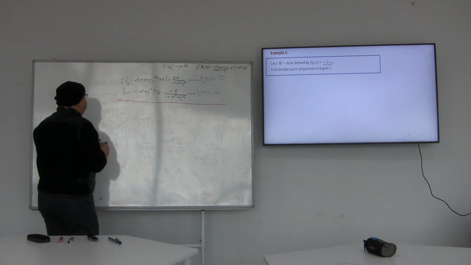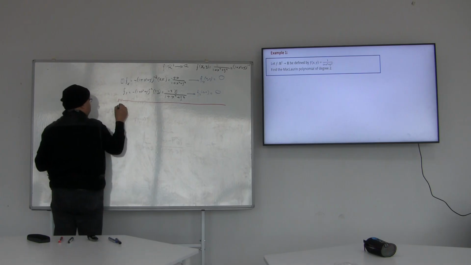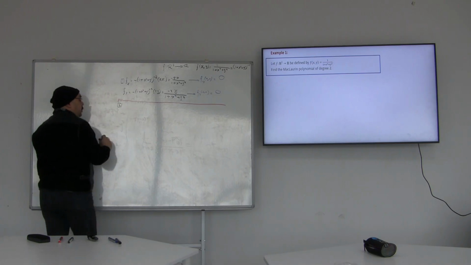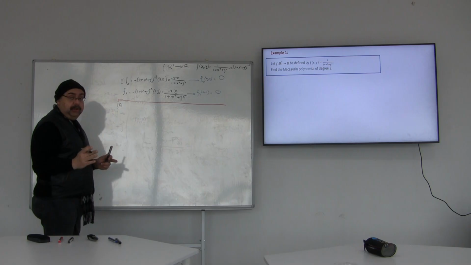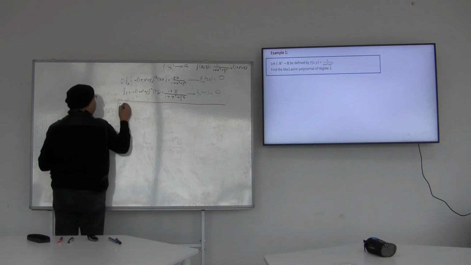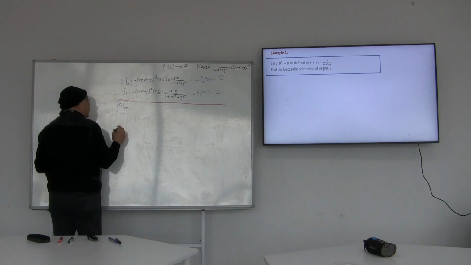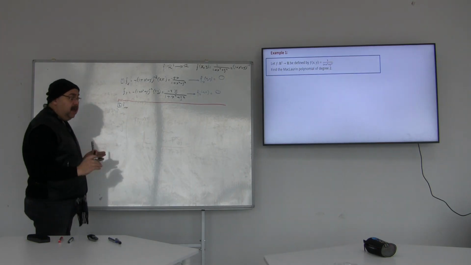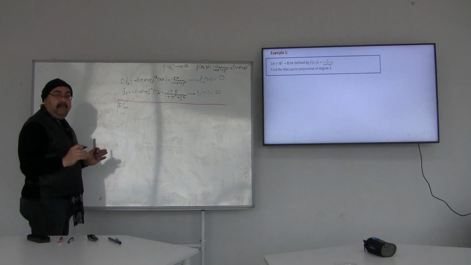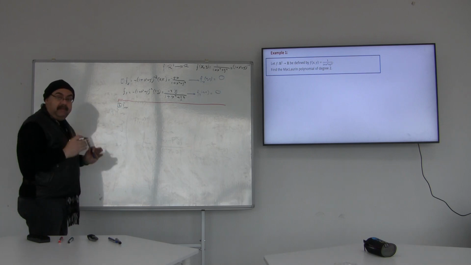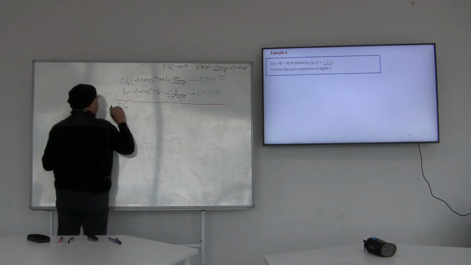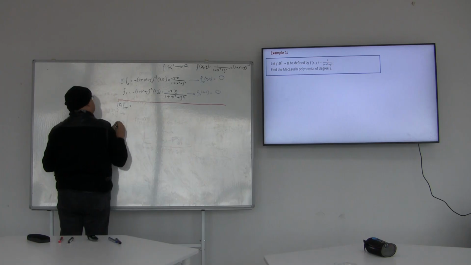For the second degree, I will need the second partial derivatives of this function. Which means that I will need f xx, f xy, and then f yy, or the second partial derivative with respect to y.